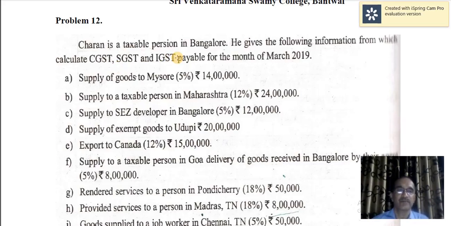One is output tax, another one is input tax, and the other one is net tax. Output tax is on the outward supply. We supply the goods to a dealer or a retailer or consumer. When we supply the goods, we collect the taxes, and that is output tax.